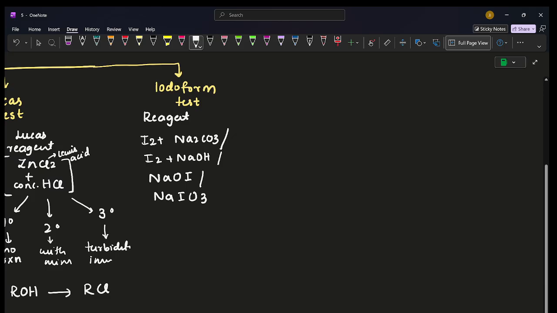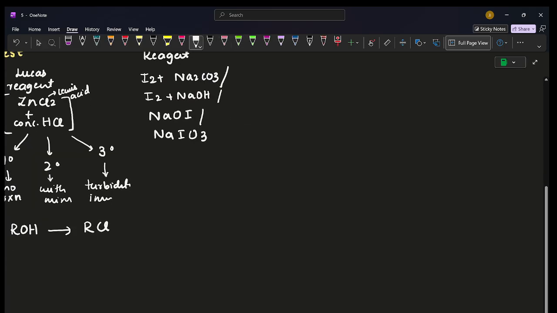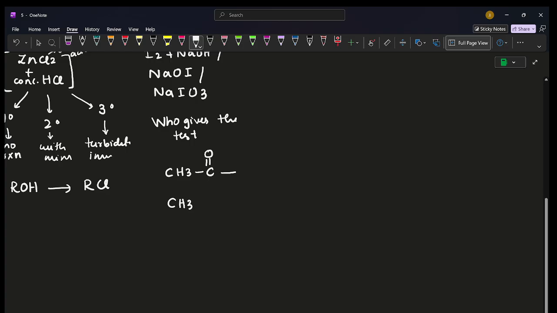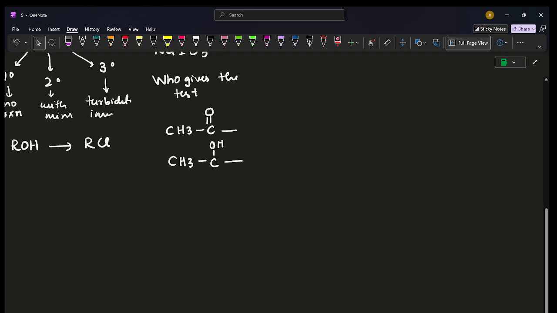Now let's look into who gives the test. This is the most important. Anything that's like with this group, or something like this, these can give the test. And let's also put a small reaction here. Let's say I put potassium hypoiodate.